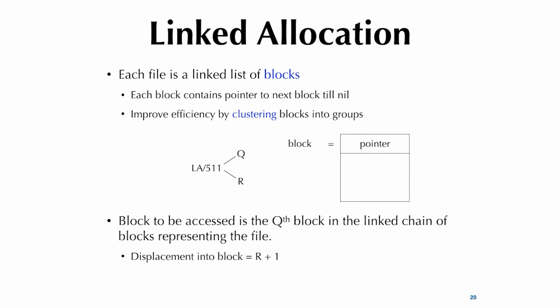Linked allocation would be one where a file is a linked list of blocks. Now, each block actually needs to reserve some space for a pointer to the next block or a pointer to nil, right? So that means it's a tail.